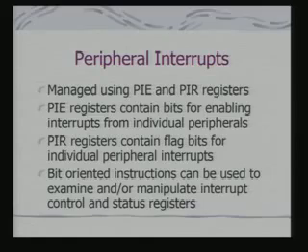And you can understand now again the utility of the bit-oriented instructions that we discussed in the previous class. Using those bit-oriented instructions, I can enable or disable the interrupts. Also, I can figure out the source of interrupt by examining the flag bits of these registers.